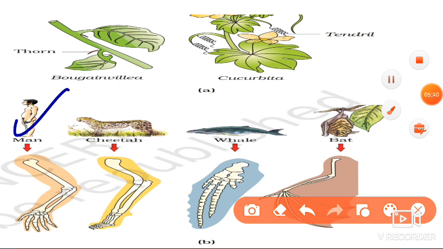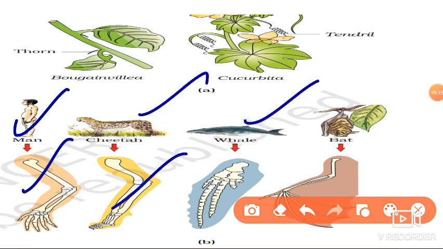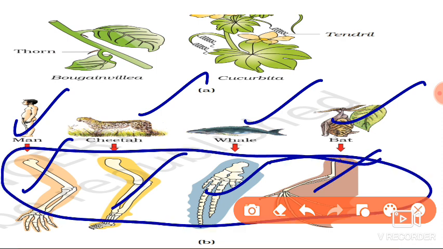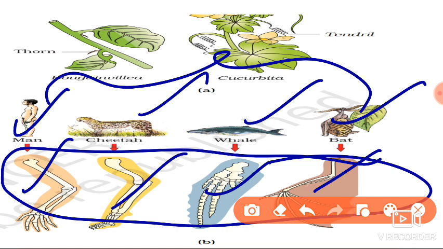You can see the forelimb of man, forelimb of cheetah, whale forelimb, and bat forelimb. They are all structurally the same, but functionally they differ from each other. And here they have given the thorns of the bougainvillea and the tendrils of the cucurbita. Origin is the same, but the function is different: thorns for protection and tendrils for climbing.